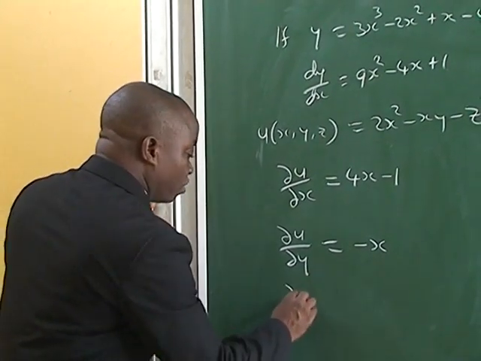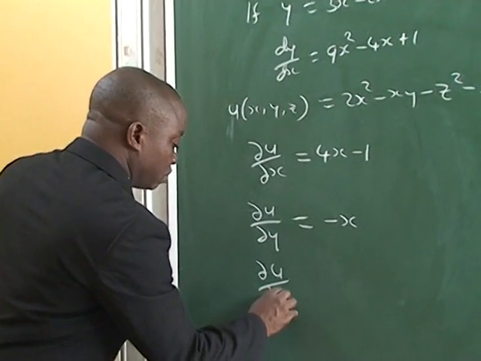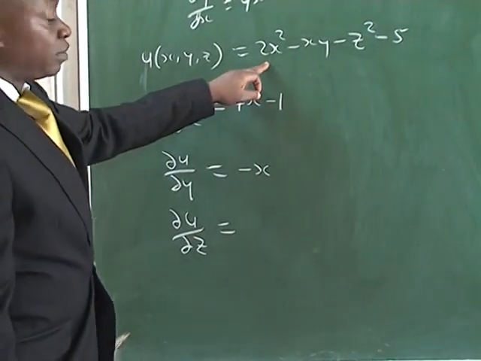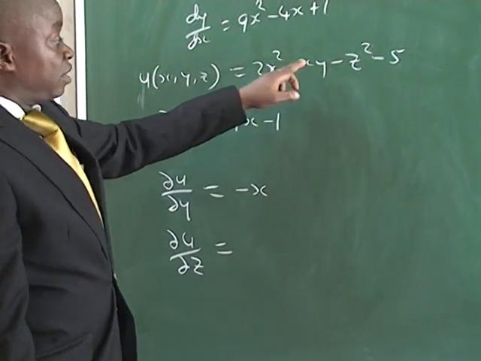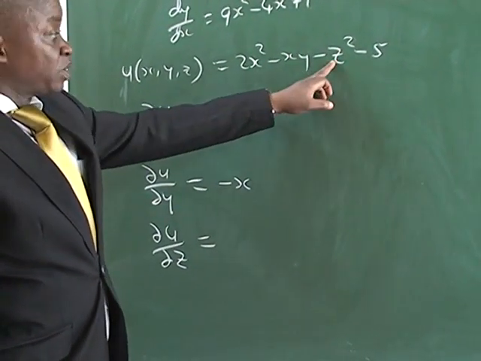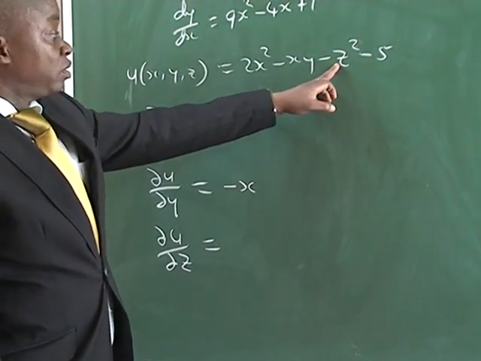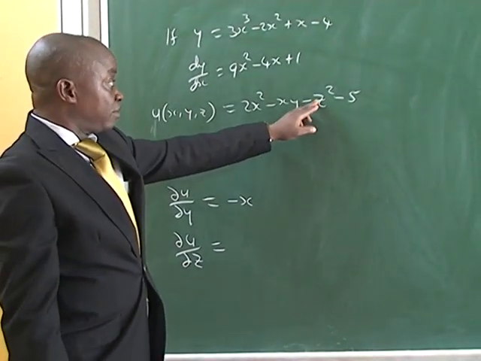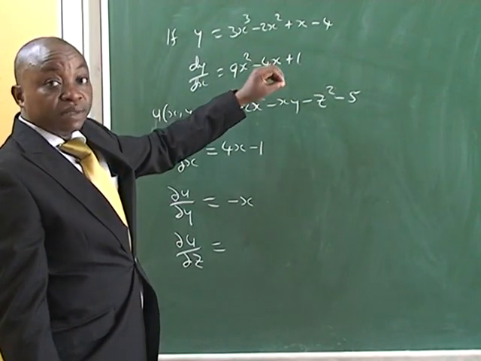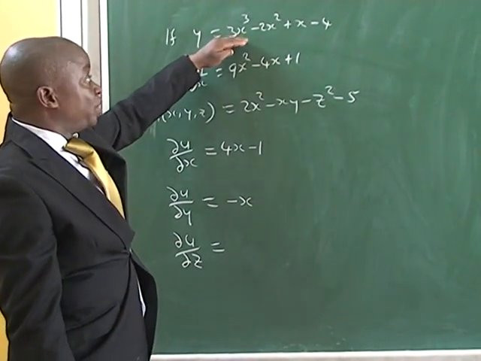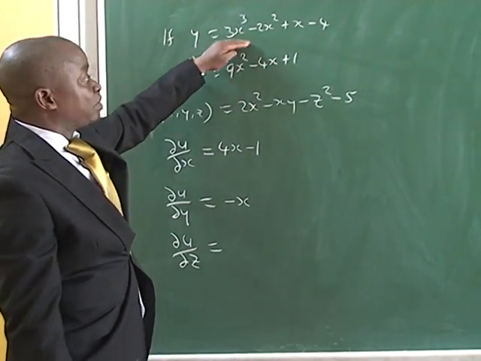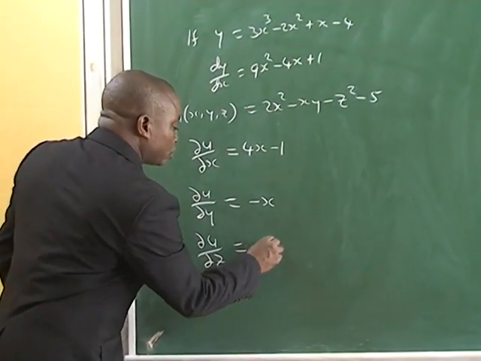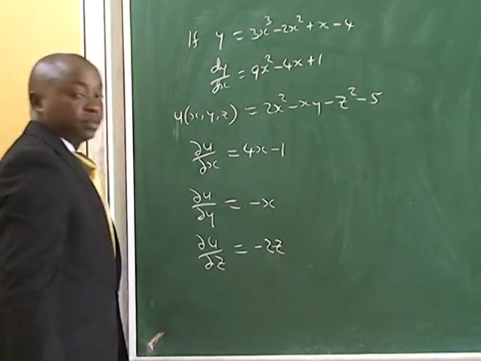We also go for partial u, partial z. This time, there is no z here. This is the only place we have z. So if we differentiate it this time using the method we know in calculus of one variable, you see that here will give us minus 2z.